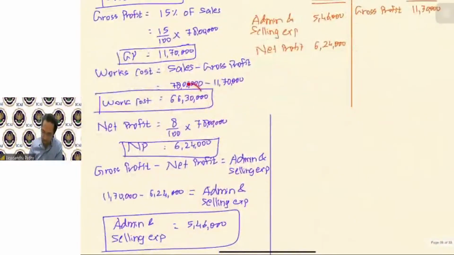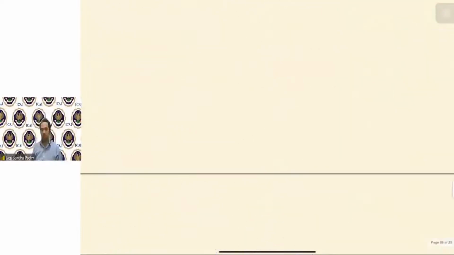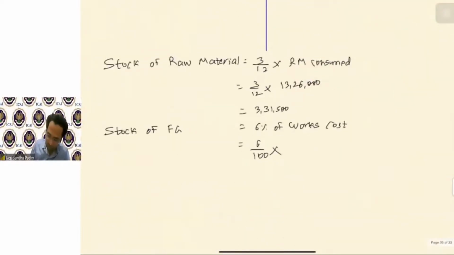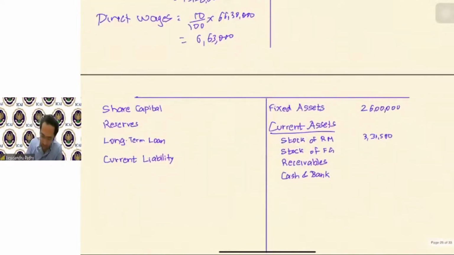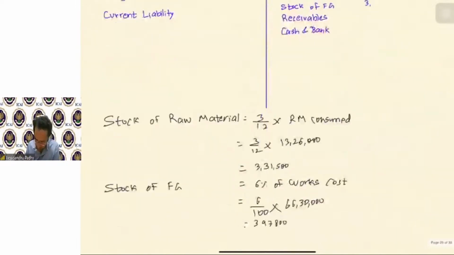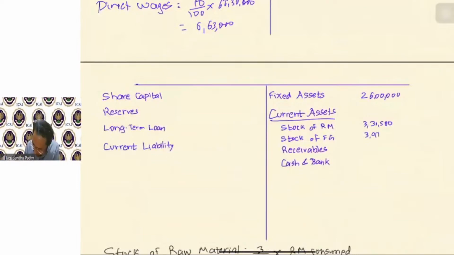Total works cost was 66 lakh 30,000. Stock of finished goods is 66 lakh 30,000 into 6 upon 100, which is 3 lakh 97,800, the value of stock of finished goods. We write down the stock of finished goods as 3 lakh 97,800.